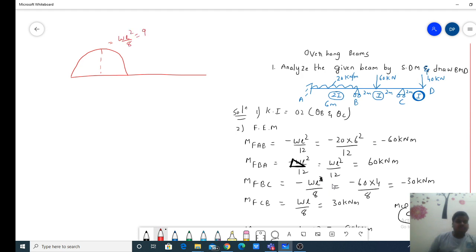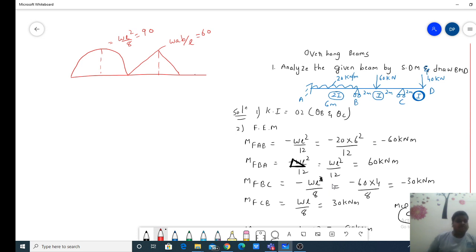So this comes out to be 90. Then here, as it is unevenly distributed, WAB by L comes out to be 60 kilonewton, right?